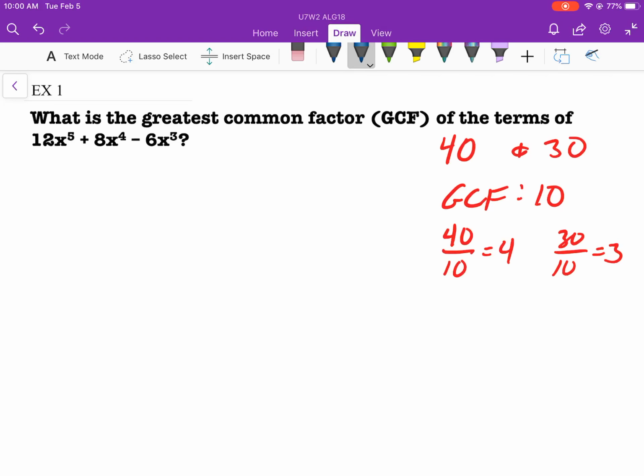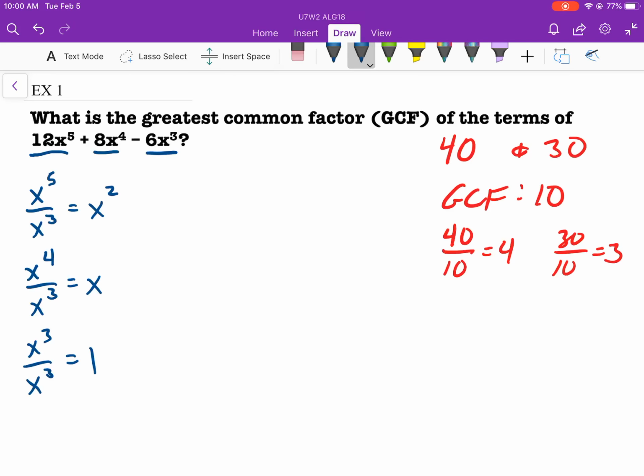So when you look at each of these terms, the largest that can go into all of them is x to the third, because it has to be the largest but the smallest at the same time, because when you do x to the fifth divided by x to the third, you get x squared, because you subtract. X to the fourth divided by x to the third is x, and x to the third divided by x to the third is just 1.